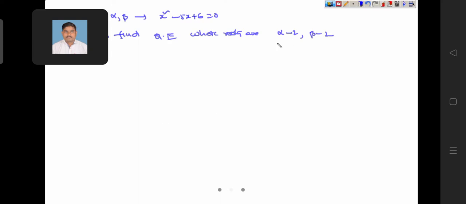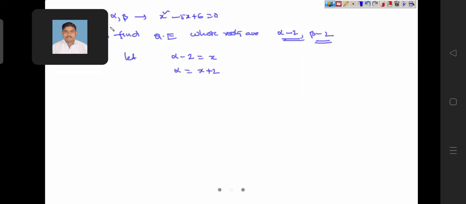What I said, first step you have to assume that solution. Let x is equal to alpha minus 2, because both the roots follow the same pattern. That's why alpha minus 2 is equal to, I will assume it as x. Then alpha is equal to x plus 2.